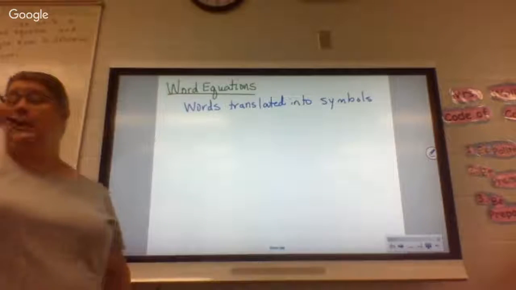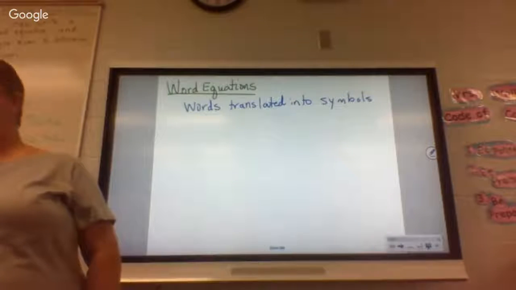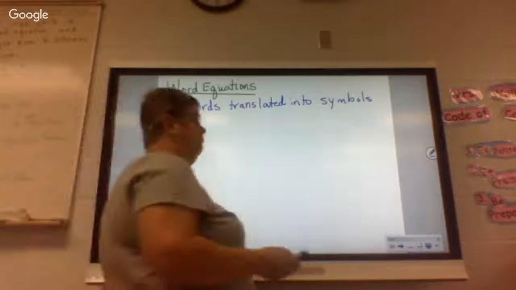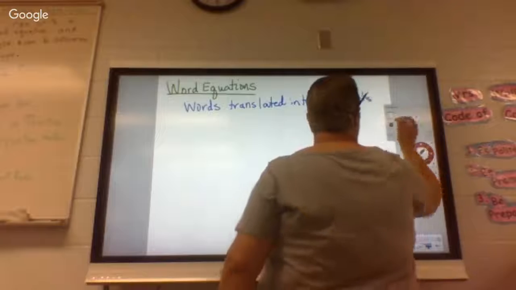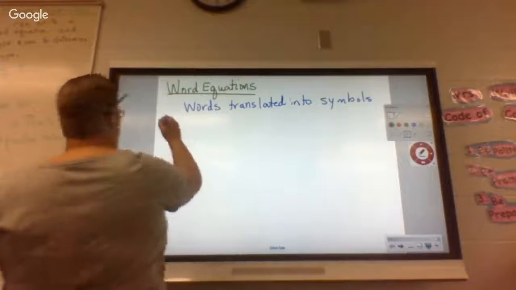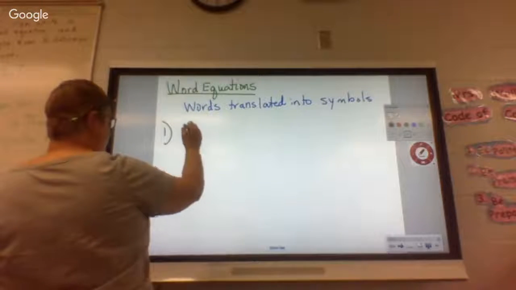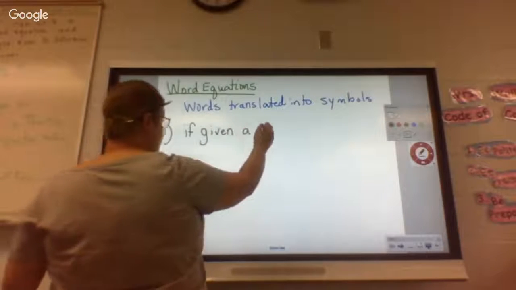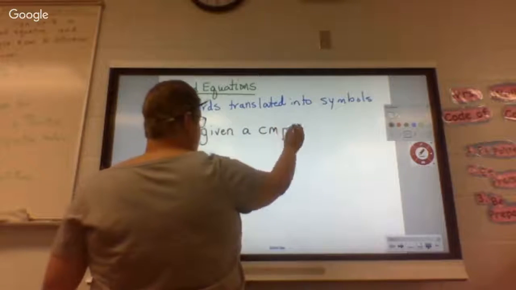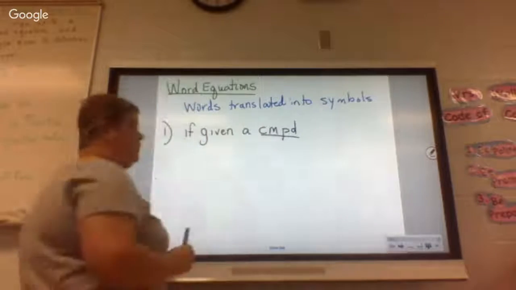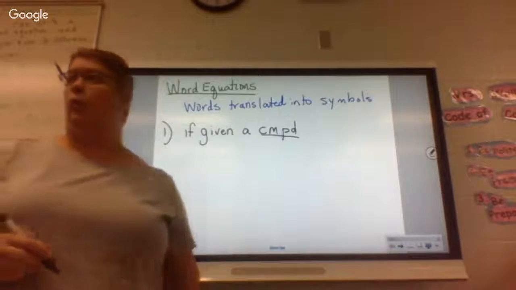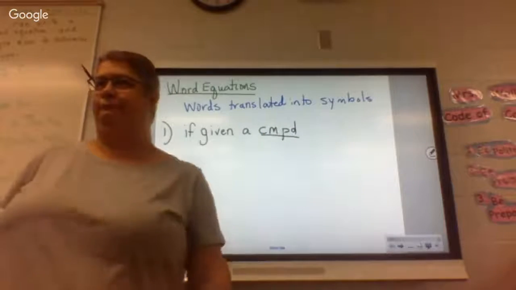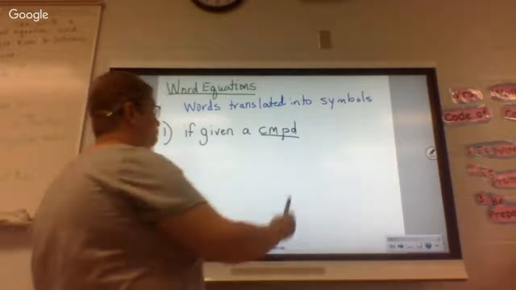Now, there are two things you will be given. If you have a compound, this is what we just spent a week with. What did we do every time we had a compound?